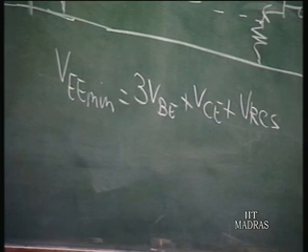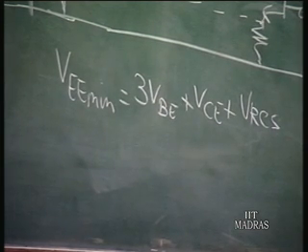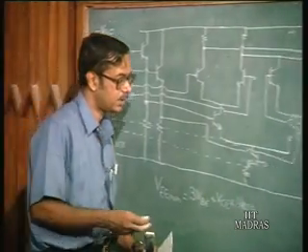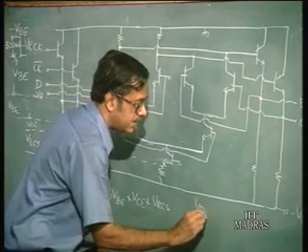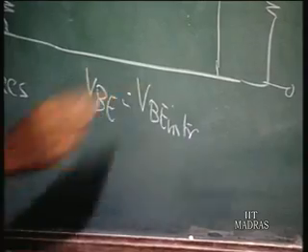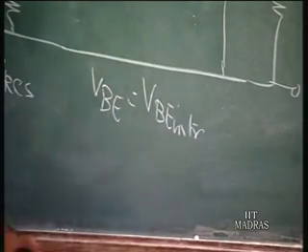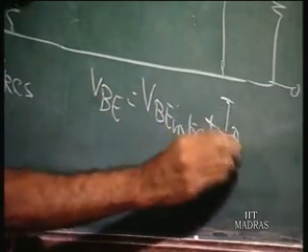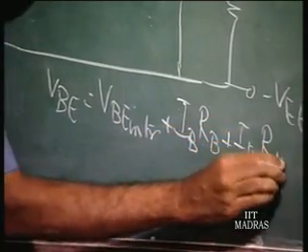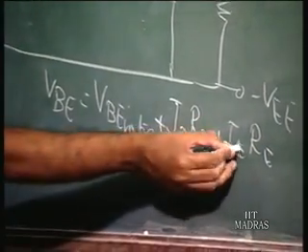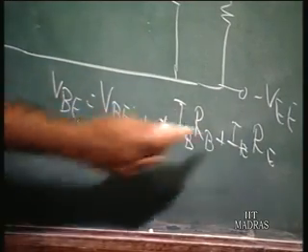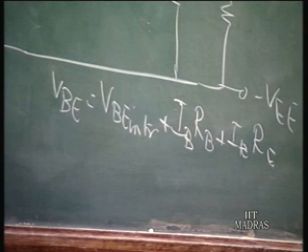Okay. All right. Now, for these circuits, VBE is actually given by VBE intrinsic, that is the intrinsic drop across the PN junction, plus IB RB plus IE RE. Okay. All right. Now, these are the drops across the parasitic resistances. Okay.